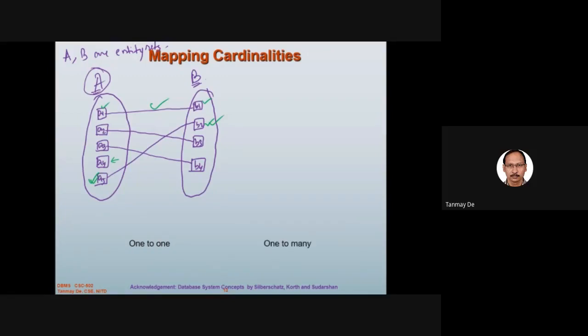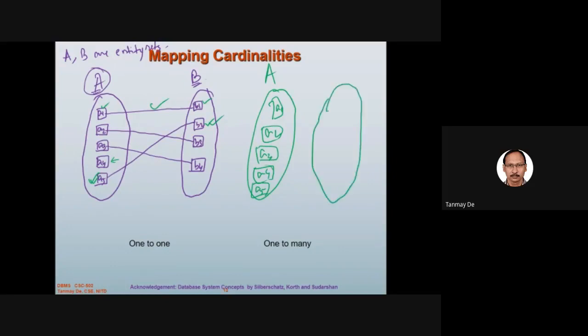Similarly, one to many. Here A1, A2, A3, A4, say A5, and say another entity set B with B1, B2, B3, B4.